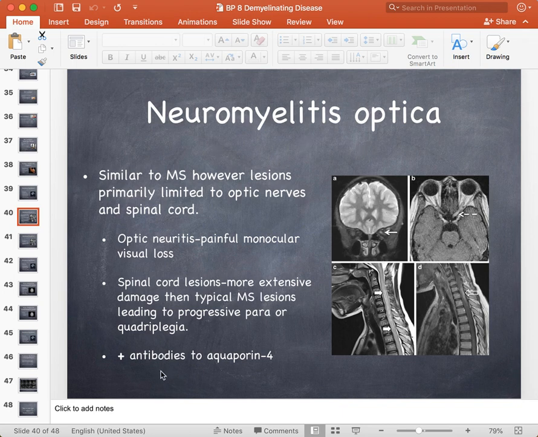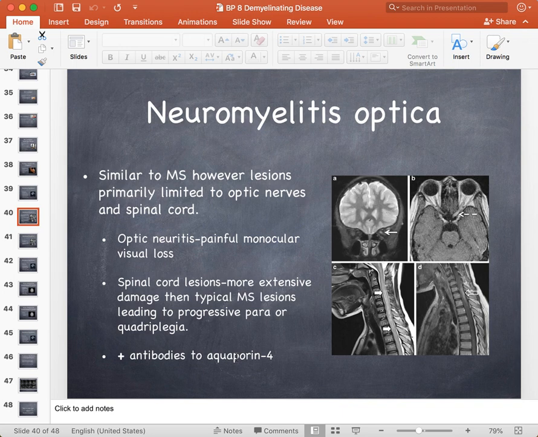Other thoughts on neuromyelitis optica? Yeah, I think the most critical thing to realize, with the discovery of aquaporin 4 antibodies in the last 20 years, is that this is clearly a distinct and separate disease from MS. The disease-modifying therapies for multiple sclerosis do not work in NMO, and in fact, several of them almost certainly make this condition worse.